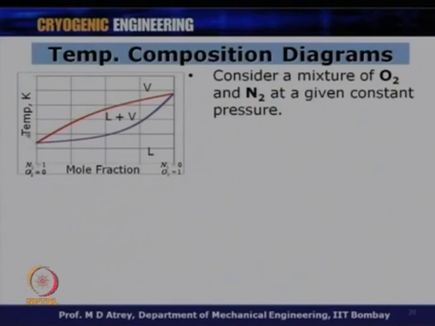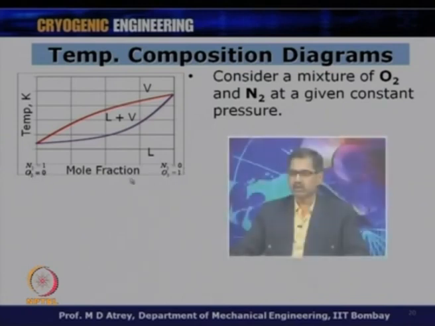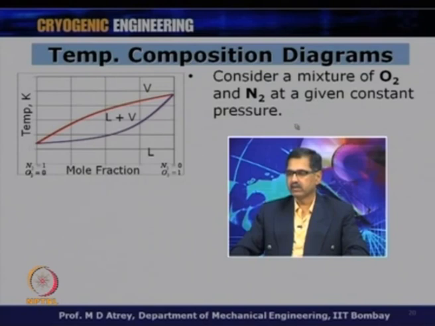This is a typical diagram we just talked about. It can be drawn for, let us say, nitrogen and oxygen. I have nitrogen equal to 1 at this point and nitrogen equal to 0 over here; oxygen is equal to 0 at this point and oxygen is equal to 1 at this point. So, consider a mixture of oxygen and nitrogen at a given constant pressure, and this is a typical diagram.